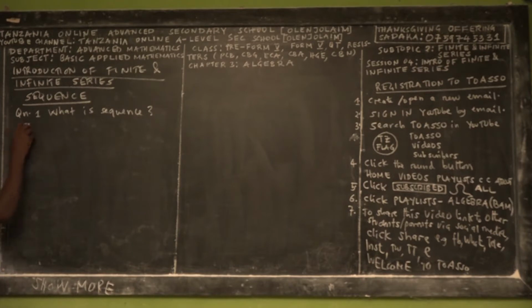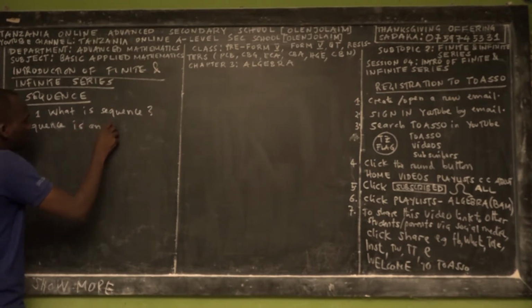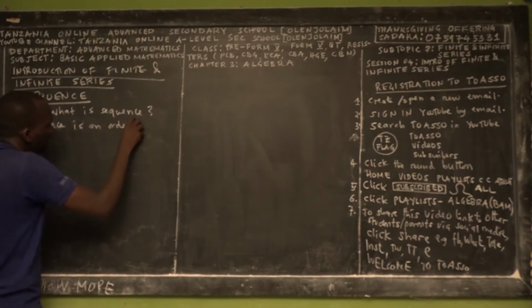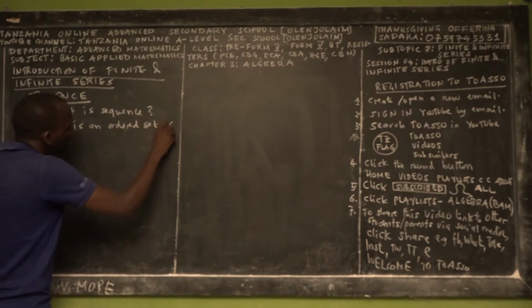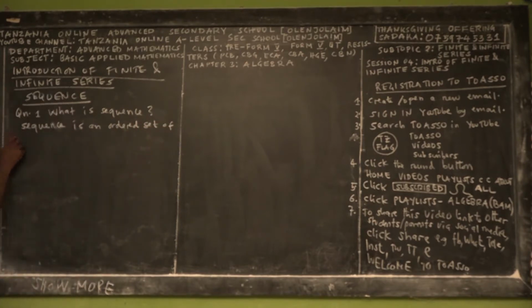Simply, we say that a sequence in mathematics is an ordered set of numbers that follow a certain rule.